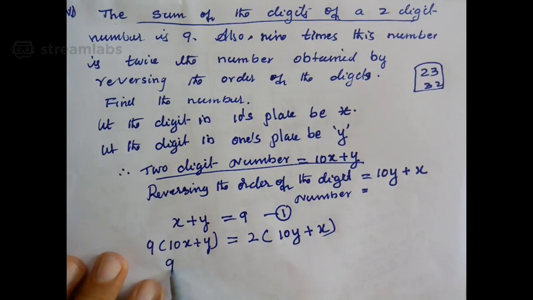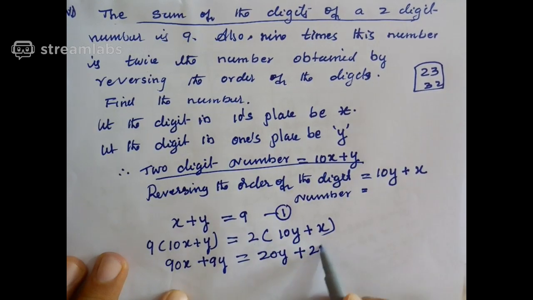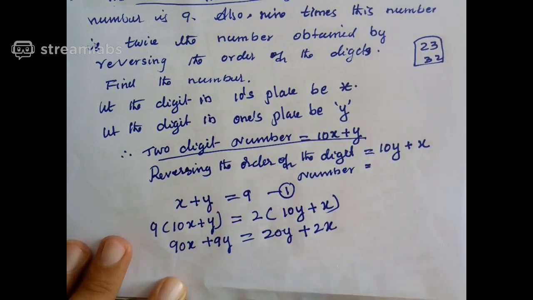Now multiply. This is 90x plus 9y equals 20y plus 2x, isn't it? 2 into 10 is 20y. Then 2 into x is 2x.